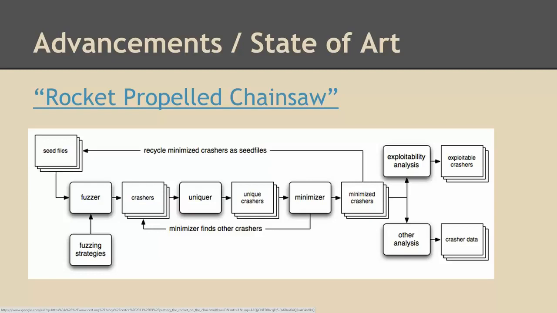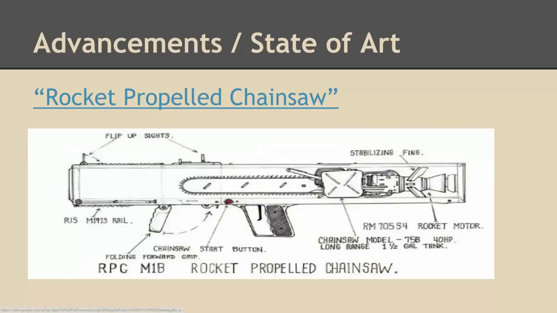So this obviously requires having access to a big organization that can have monkeys on the keyboard causing all these crashes and not knowing how to use a computer properly. That's how I say it. So rocket-propelled chainsaw is pretty effective. It's pretty awesome.